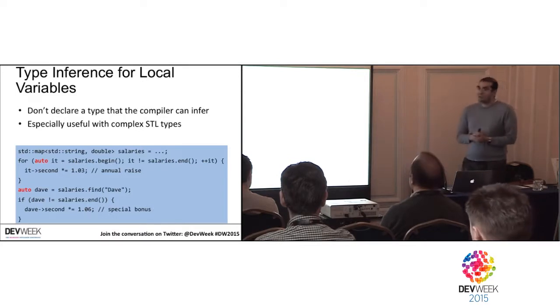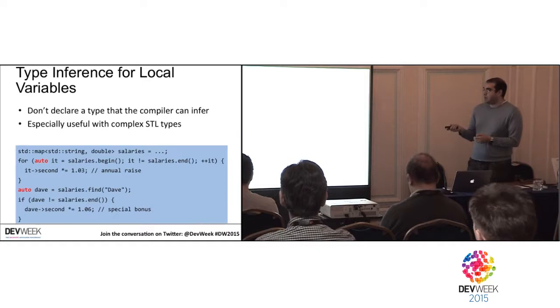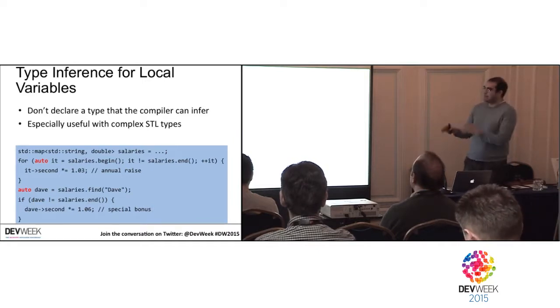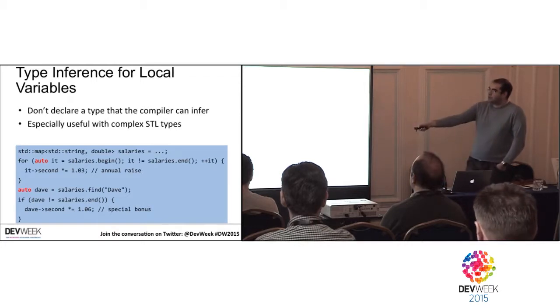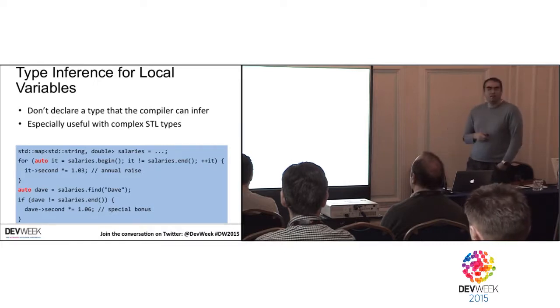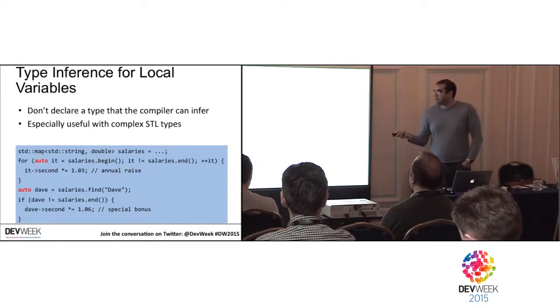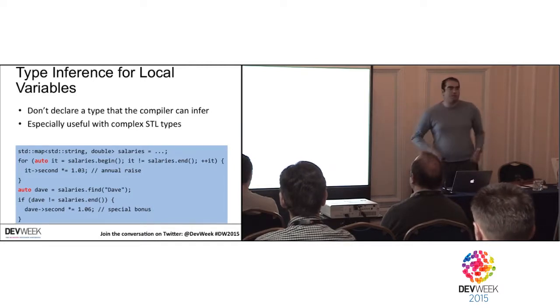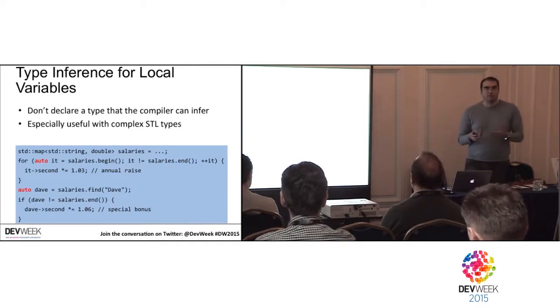And here is a classic example. Say you have a std::map of std::string to double, which is a pretty nasty type to type out. But then you want to go over all the elements in that map with an iterator. So you do salaries.begin and assign it to something. Instead of saying std::map<std::string, double>::iterator, you can just say auto, and the compiler figures out that that's what you meant.